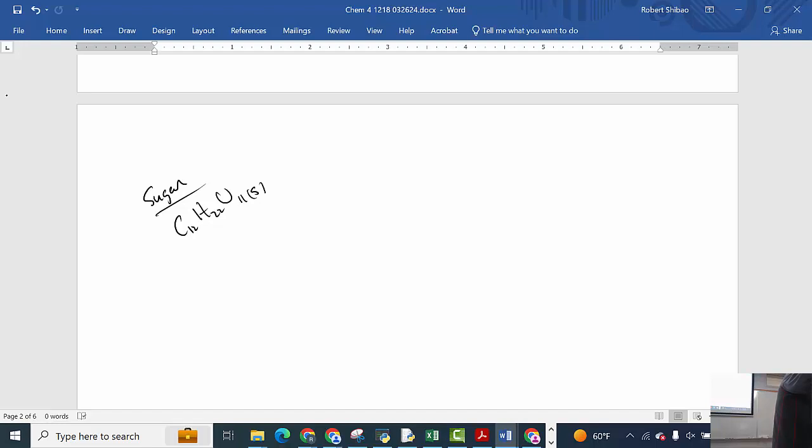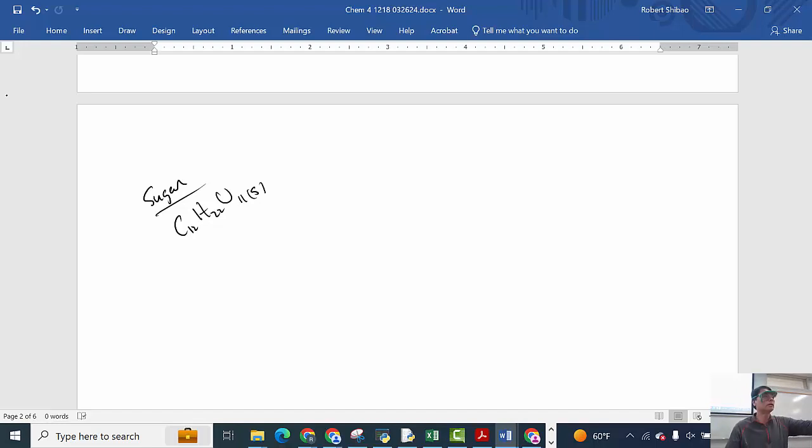Yeah, no translational mobility. So the translational mobility is 0. There's also something else that's 0, and that is, are sugar particles charged? No.